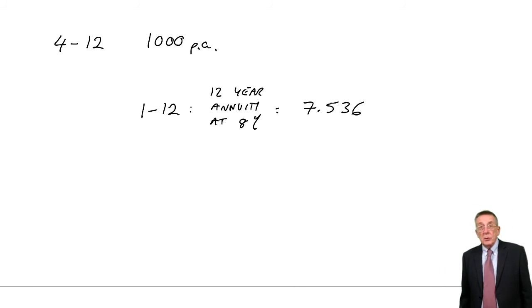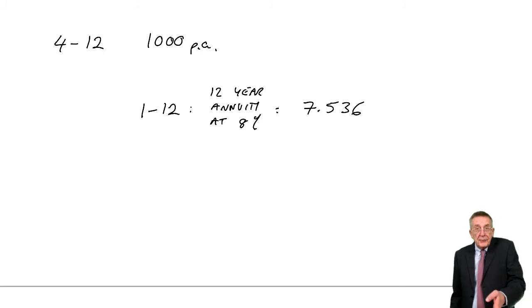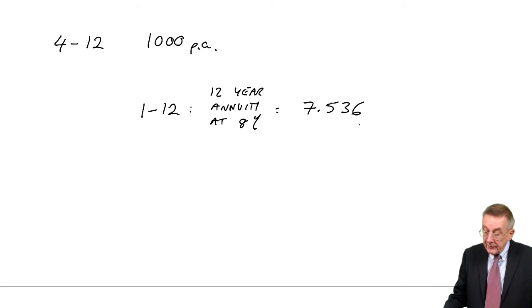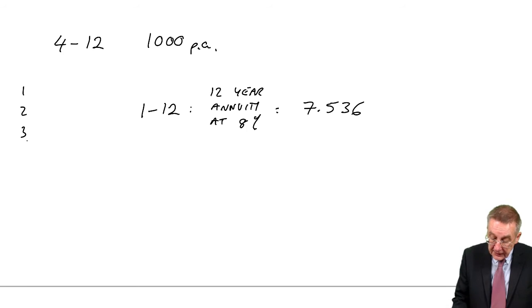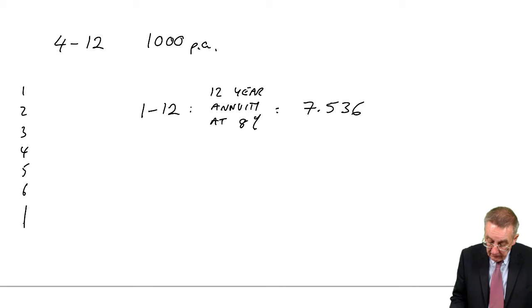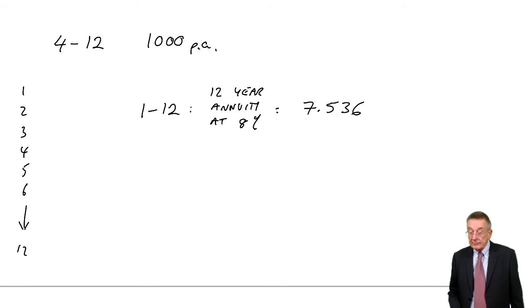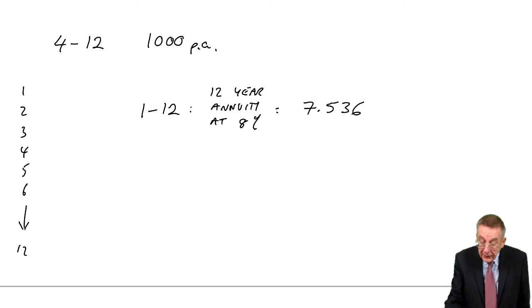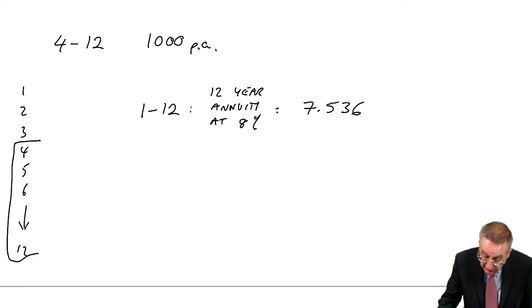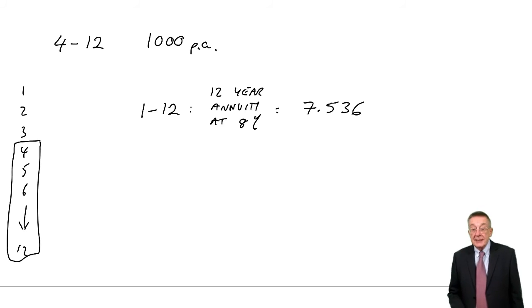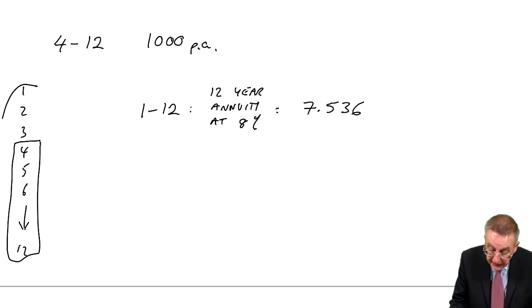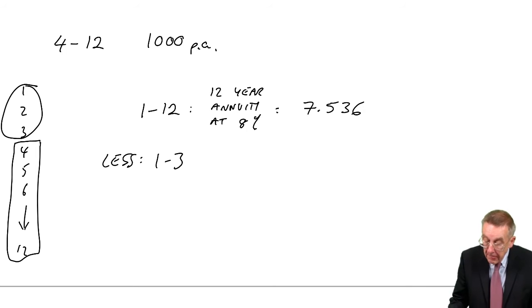But I don't want the total from 1 to 12. I want 4 to 12. That 7.536 is the total of all the factors, 1 to 12. I want the total from 4 to 12. So how can we get it? We subtract the total for 1 to 3. And of course that we can look up as well.